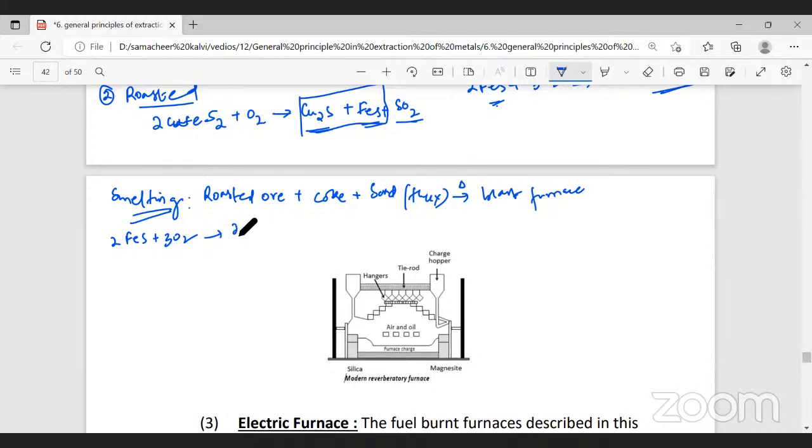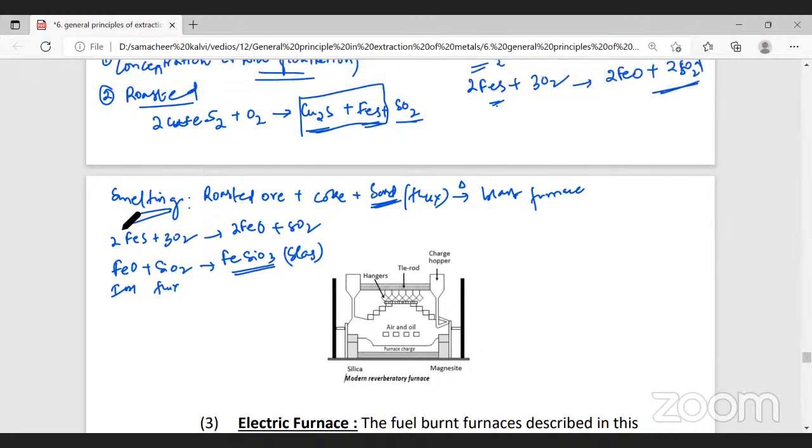It gets oxidized to ferrous oxide, liberating sulfur dioxide gas. This ferrous oxide which is formed will react with sand. Sand is a flux, a gangue impurity. It gives you FeSiO3, iron silicate. This is a slag. A slag will be formed. This is the first step in smelting.